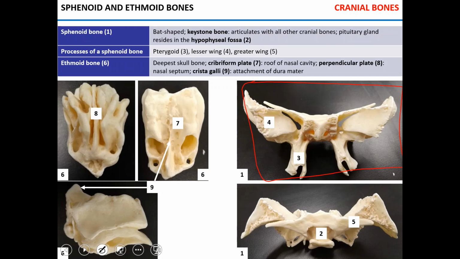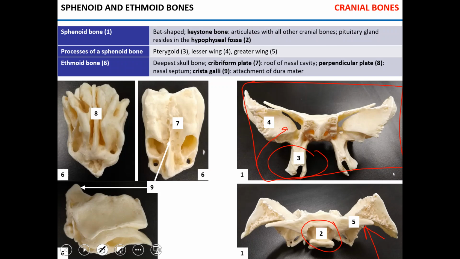In the hypophyseal fossa, the pituitary gland resides, and there are three distinct sets of processes that articulate with other cranial bones: processes of the sphenoid bone, pterygoid process, lesser wing, and the greater wing.